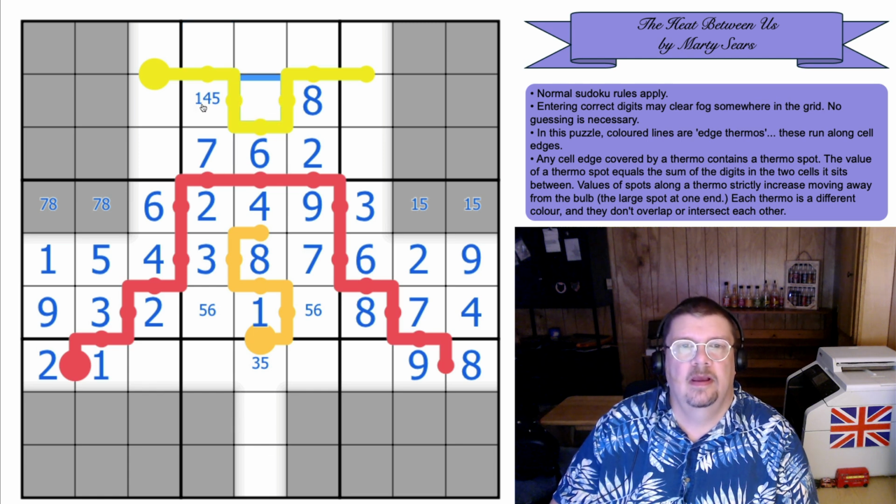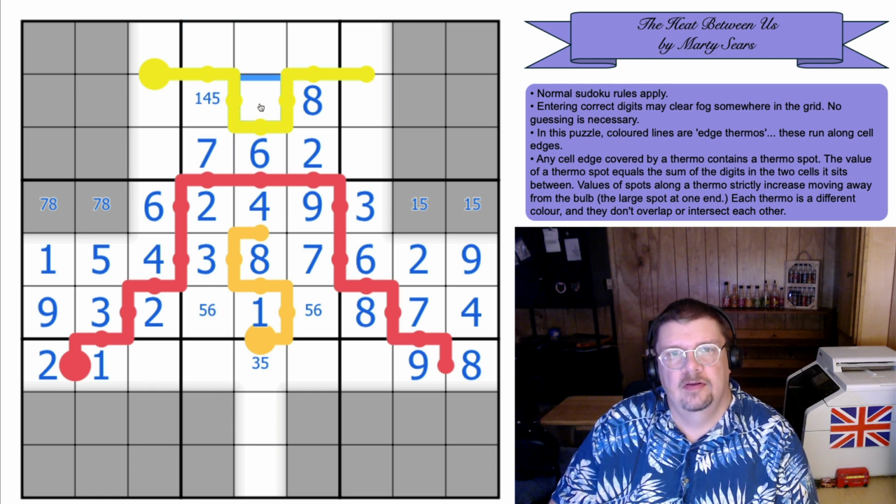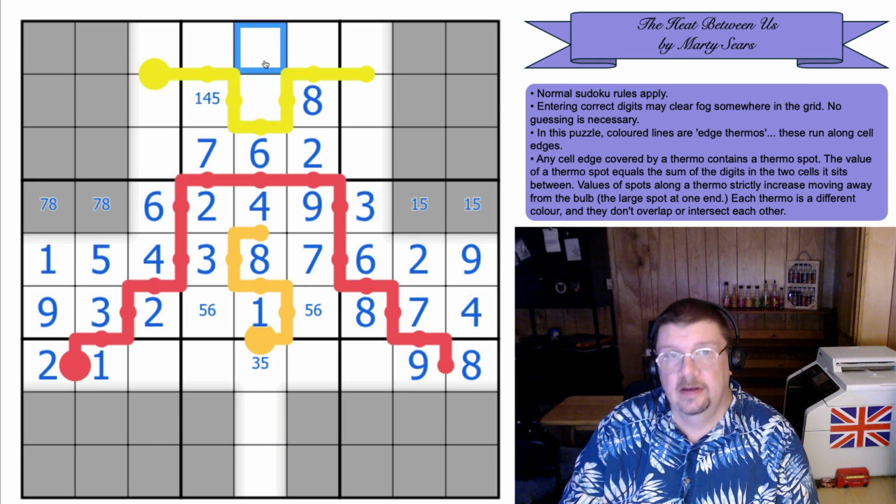These 2 have this as a common digit, so this must be larger than this. But if that's larger than that and that's larger than that, then we have a nice relationship. So then those can't be 9s by sudoku, so that's a 9.